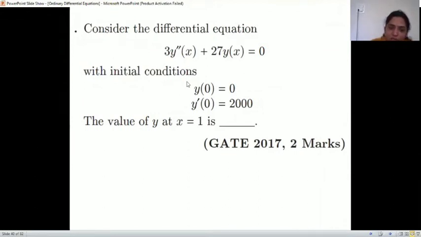Now, initial conditions are always there to solve the arbitrary constants, that is C1 and C2. So use the first condition, y of 0 is 0, in the solution and tell me what you get.